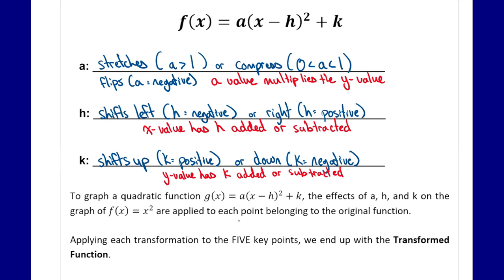So this is what we refer to as our key points. This is why it's important to know our key points, because those are the points that the transformations are being applied to. Applying each transformation to the 5 key points, we end up with the transformed function.